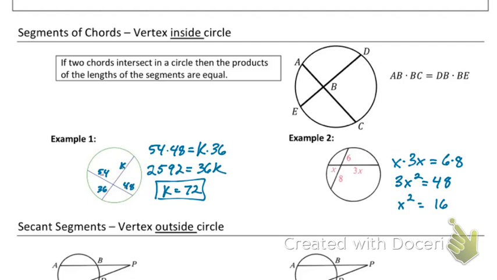We'll take the square root of both sides, and we'll have x equals positive or negative 4, but we only want the positive answer, so x is going to be 4. Questions on that? That's it. That's what happens when two lines intersect and I'm looking for lengths.